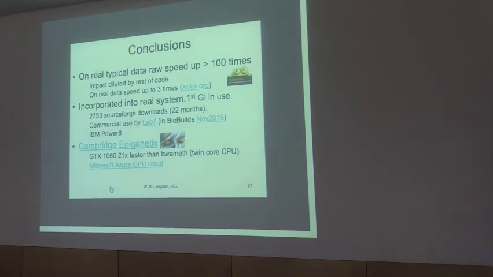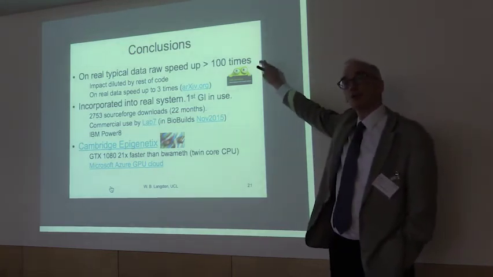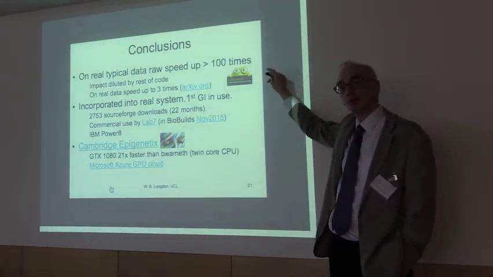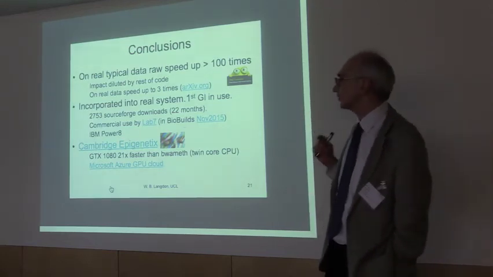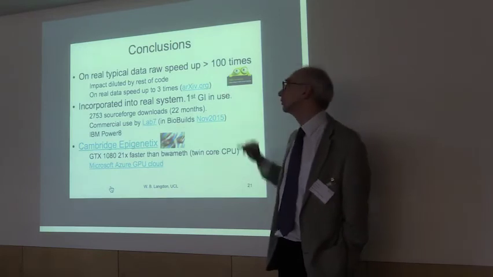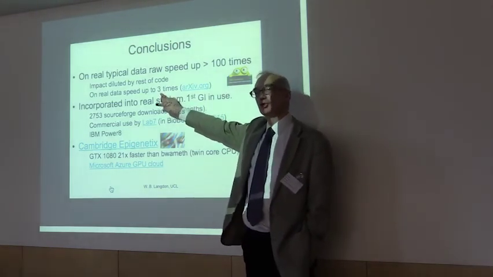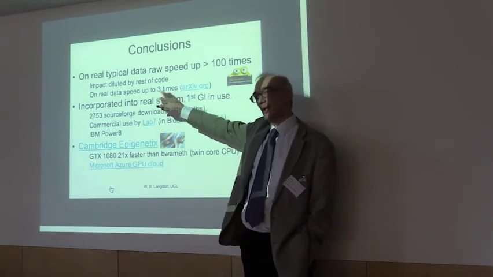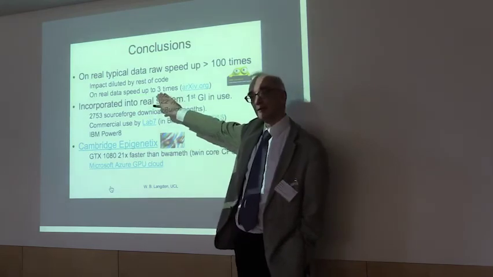And to conclude, on the code that we sped up, we got more than 100-fold increase in performance. When you come down to it, the whole application consists of far more than just this kernel. So in general, on real data, we're getting a speed up between 2 and 3. Depends on exactly what sort of data you're looking at and how noisy that data is.